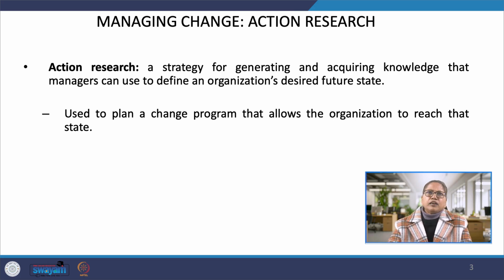And before that, it has to diagnose what exactly has happened with the organization, why the performance has declined, and whether the strategy or the structure are aligned with the business environment or not. One such strategy is the action research model of change, a process model of change where the change agent is part of the change process to understand the problems which arise during it.